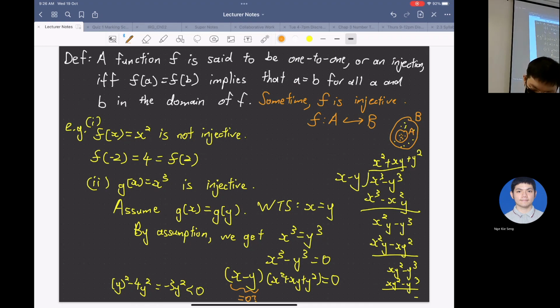So if x squared plus xy plus y squared is 0, then x is complex, since the discriminant is less than 0. Does this imply this cannot be 0?